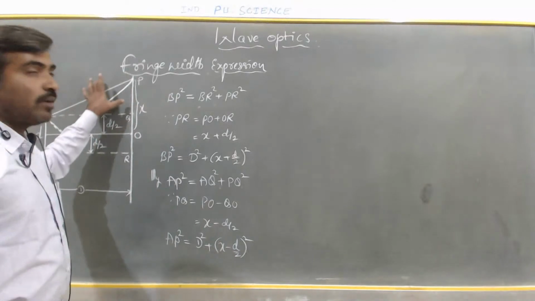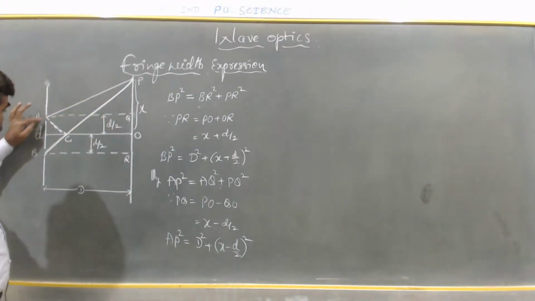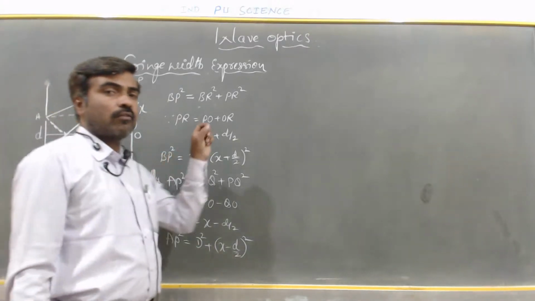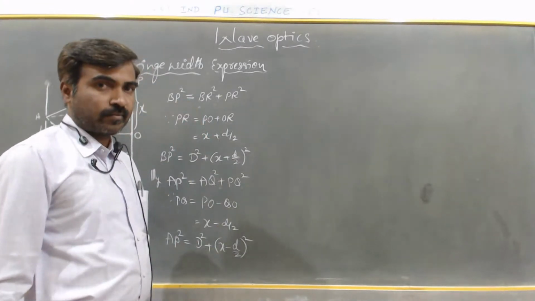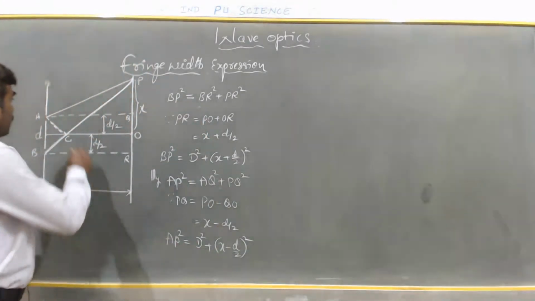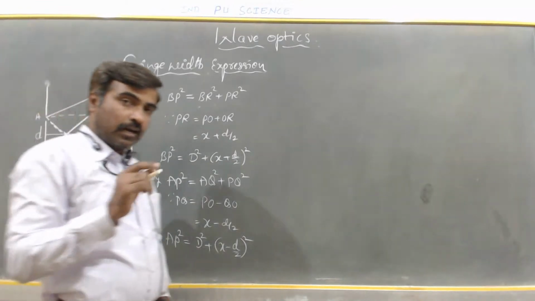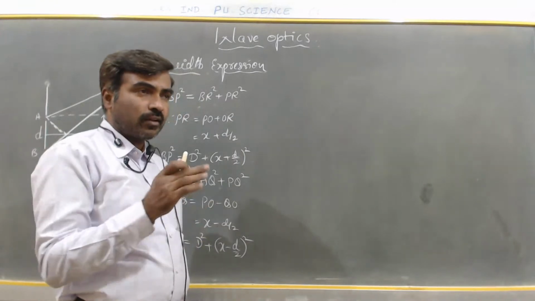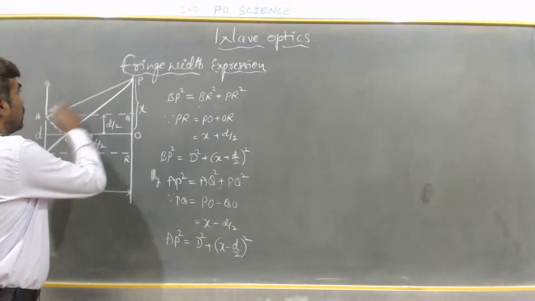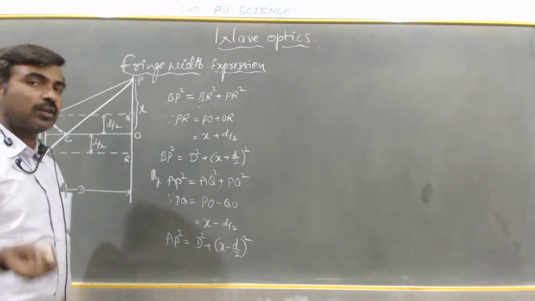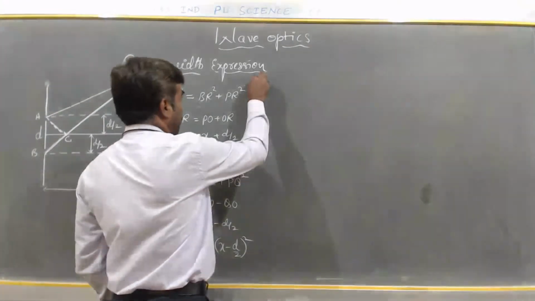In this diagram it can be seen like a lot of difference, but actually it won't be, because the gap between the two slits is very small, so the waves coming from A and from B have a very small path difference. We can say that AP and BP are almost the same, but even a small variation is there. That's what we calculate.